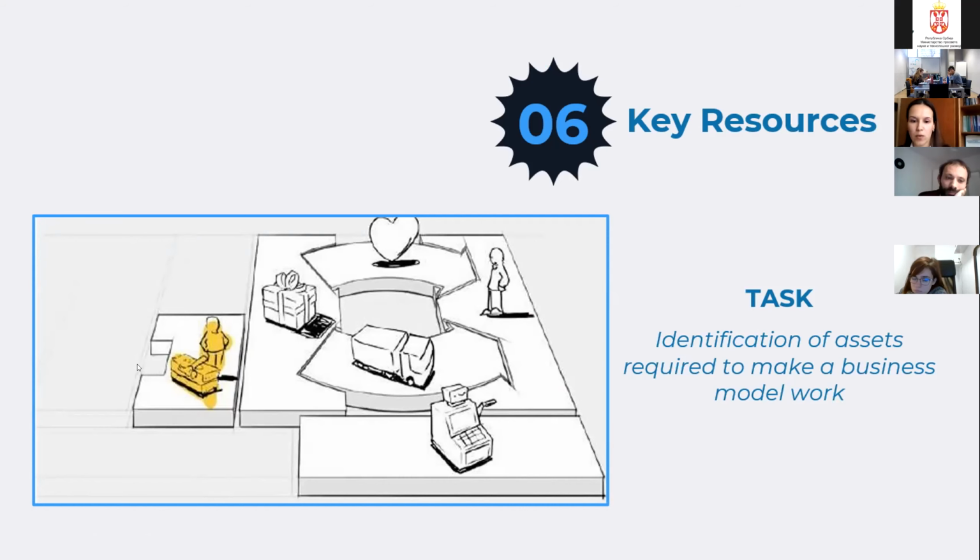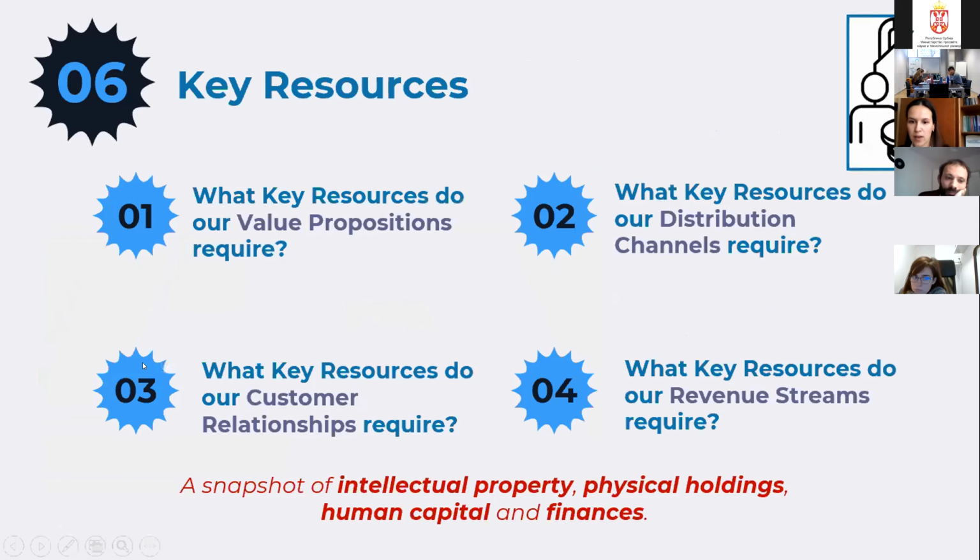This block of the business model canvas describes the most important resources needed to sustain and support the business. The most important assets, the most important resources that are necessary to create value for our customer segment.